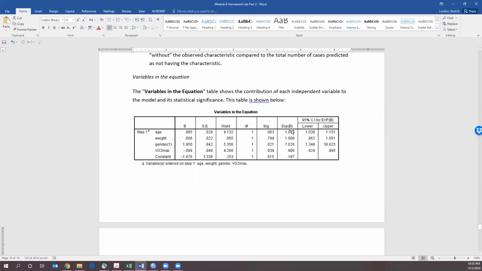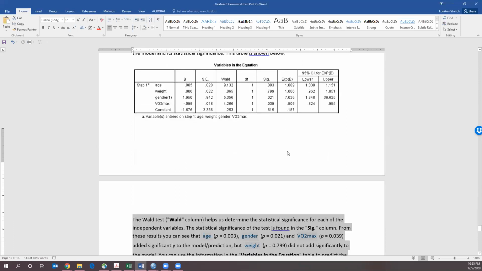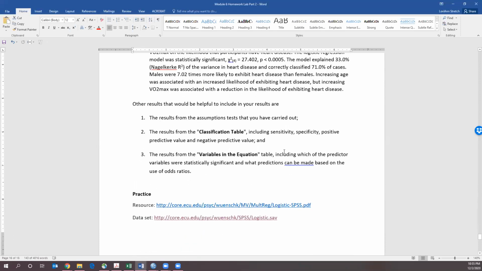As the age goes up, your chances for heart disease go up. As your weight goes up, then the likelihood is being magnified. Here, not so much, right? Because it's a negative, so this is going to have less impact on the likelihood of what's happening. Okay, hopefully that makes sense.